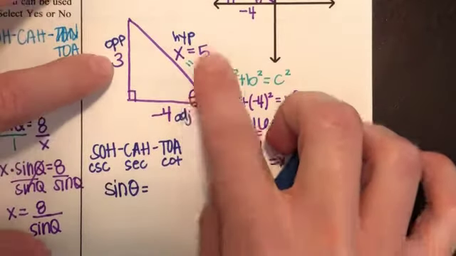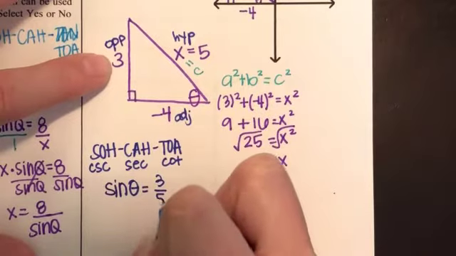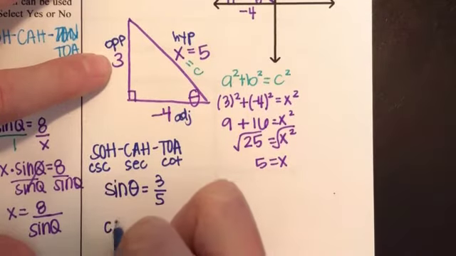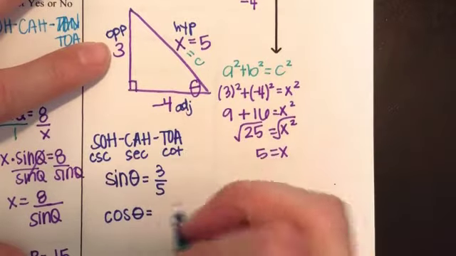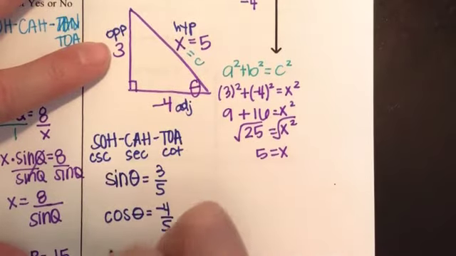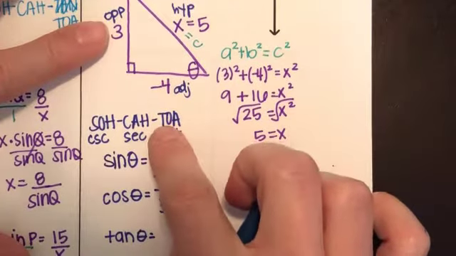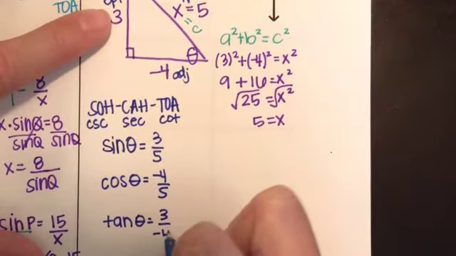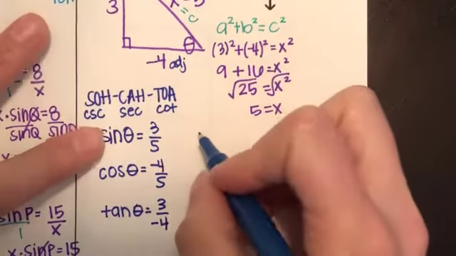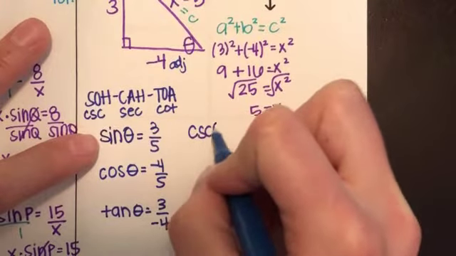Sine of theta is opposite over hypotenuse, so 3/5. Cosine of theta means adjacent over hypotenuse, so -4/5. And then tangent of theta, tangent is opposite over adjacent, so 3/-4 is our tangent. All right, then we need to write the other 3.